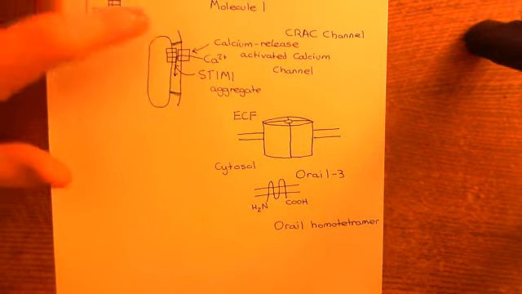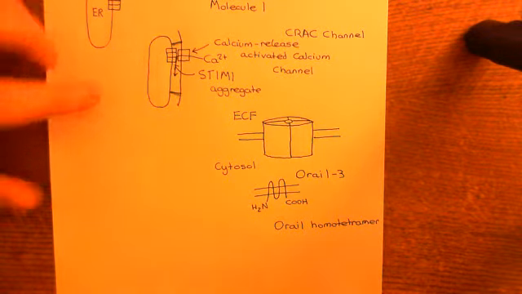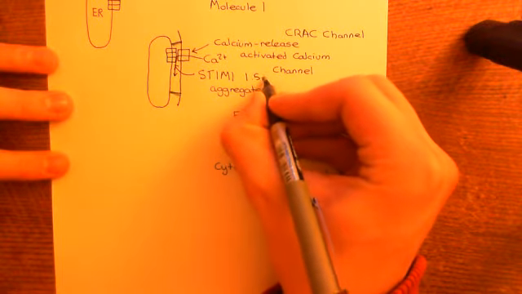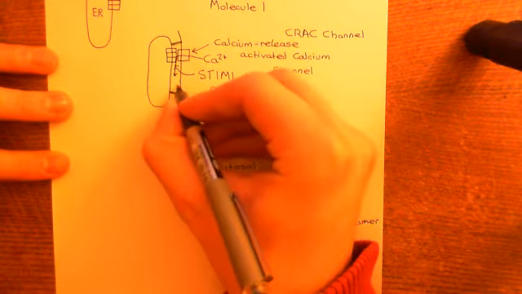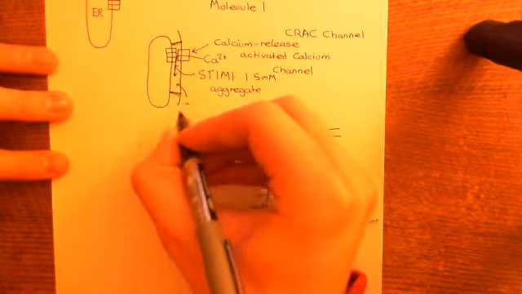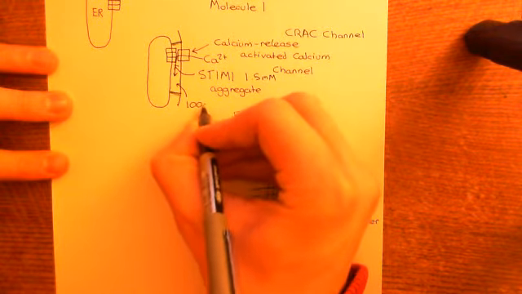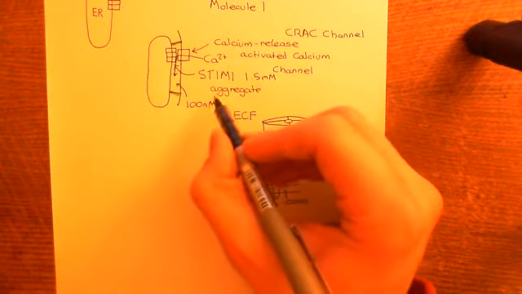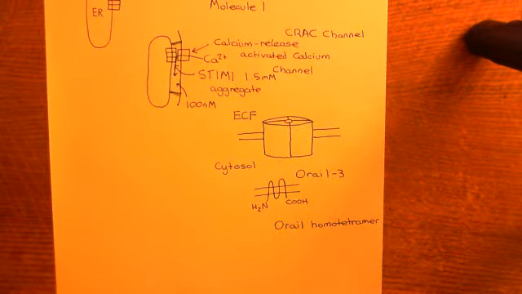And of course you will get a net movement of calcium in because the calcium concentration extracellularly is around 1.5 millimolar, whereas the calcium concentration intracellularly is closer to 100 nanomolar. So there is a very powerful concentration gradient, a 15,000-fold concentration gradient favouring the movement of calcium in.